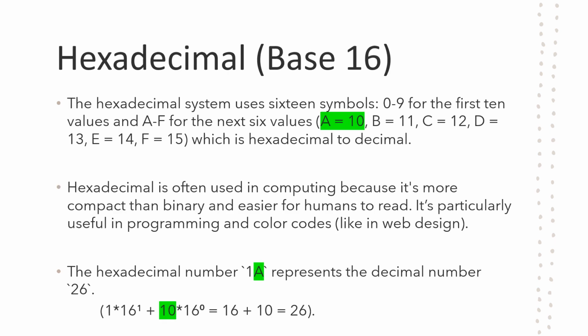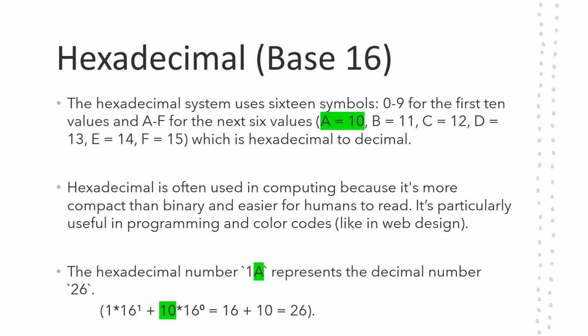All right, next up, hexadecimal. Hexadecimal is where it gets a little confusing, but don't get too hung up on the details. Hexadecimal is a base 16, so the hexadecimal system uses 16 symbols. It uses the same as decimal, so 0 through 9 for the first 10 values, and then A through F for the next 6 values.